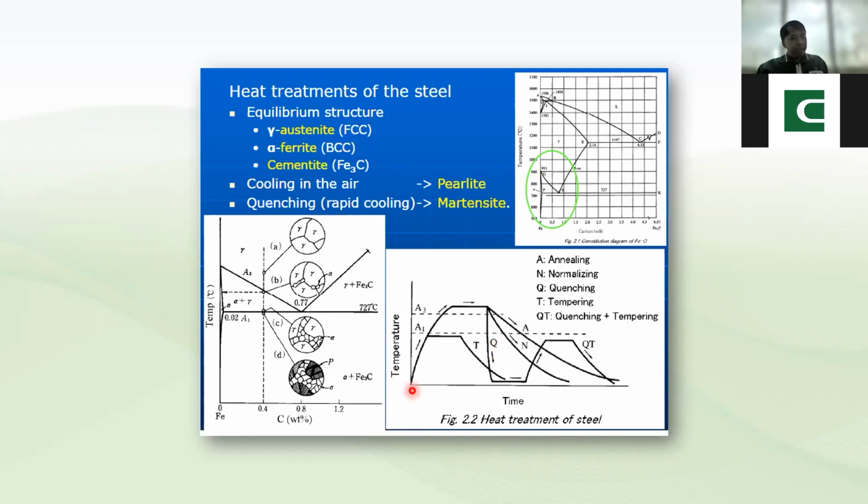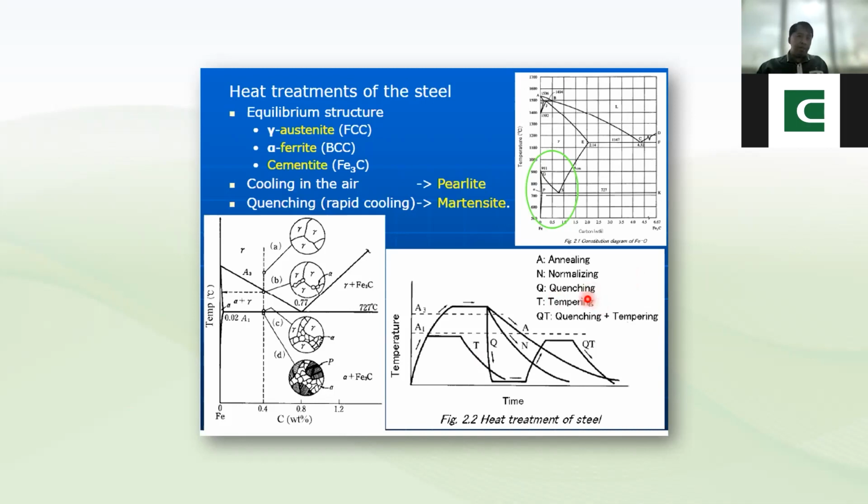Pwede rin namang i-quench mo siya, then palamigin mo siya, and then itaas muli at 400 degrees centigrade, ang tawag dyan, combination ng quenching and tempering. So, this means by heat treatment, you can change ductility, which is annealing.